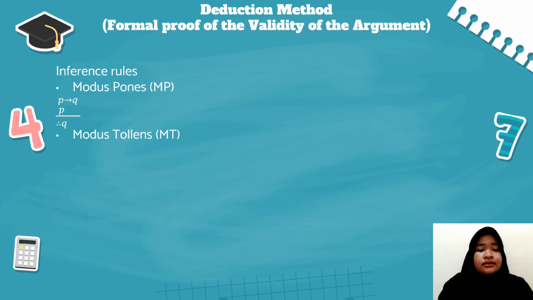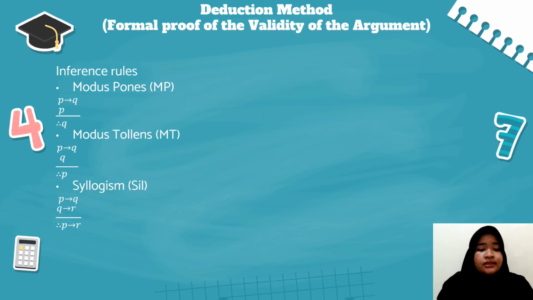Second is modus tollens. There are two premises. The first premise is P implies Q, and the second premise is negation of Q, so the conclusion is negation of P. The third is syllogism.